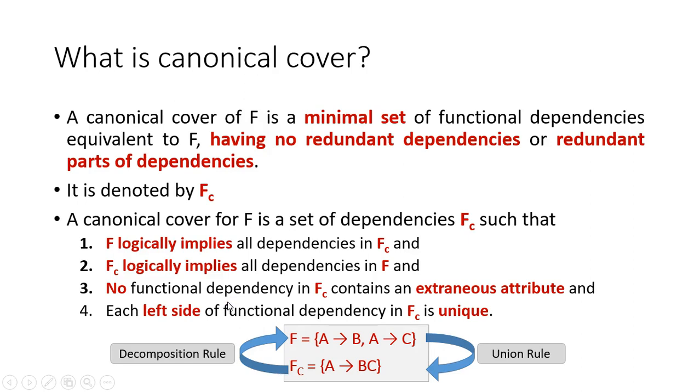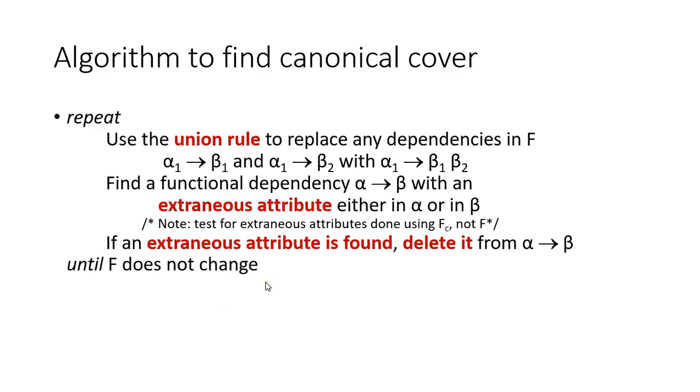Let's try to understand the algorithm to find the canonical cover. We have to repeat the following tasks. Use the union rule to replace dependencies: given alpha 1 determines beta 1 and alpha 1 determines beta 2, with the union rule we can say alpha 1 determines beta 1, beta 2. Find a functional dependency alpha determines beta with an extraneous attribute either in alpha or in beta.